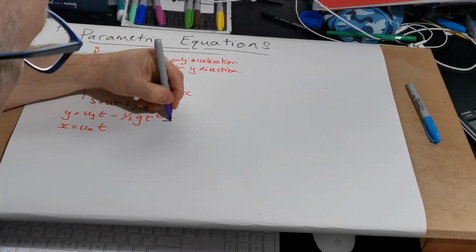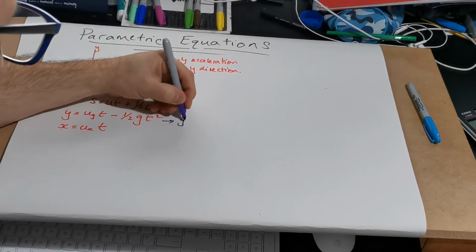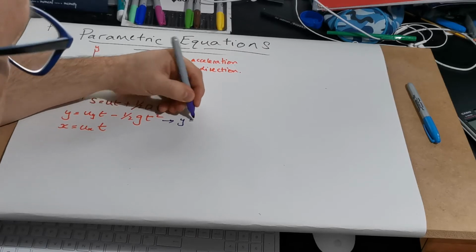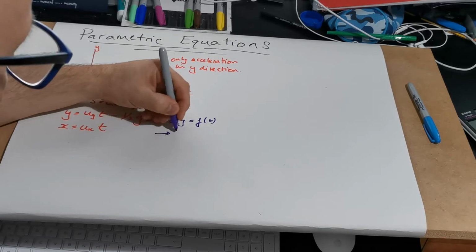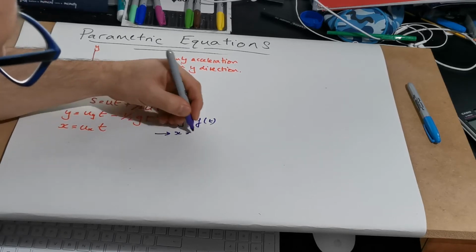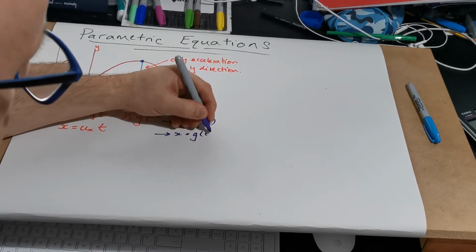So what we've got here is that Y is some function of time and X is a different function of time.